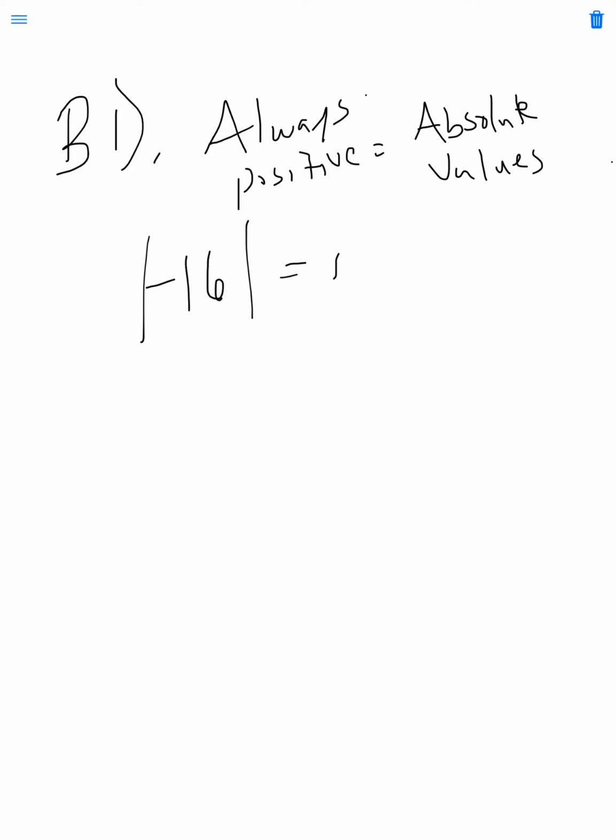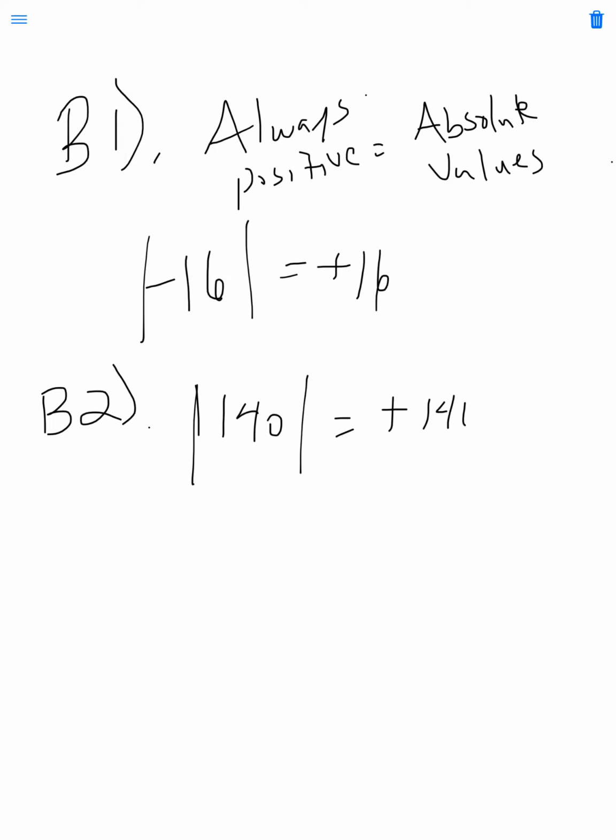Remember, anything that's absolute is always going to be positive. And then on B2, you have 140. Remember, absolute value is always positive, so we're always going to have a positive. So it's 140. So if you got that for B1 and B2 respectively, you got it perfectly right.